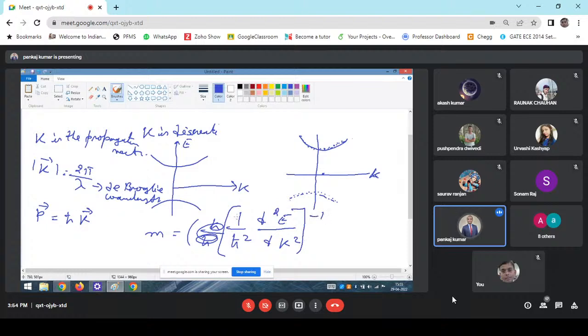What you see is that this mass depends upon the double differentiation, d squared E by dk squared. So if the slope changes, then the mass changes. Therefore, there are different masses for electrons and different masses for holes.